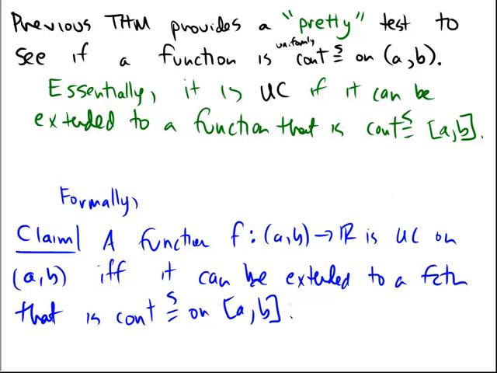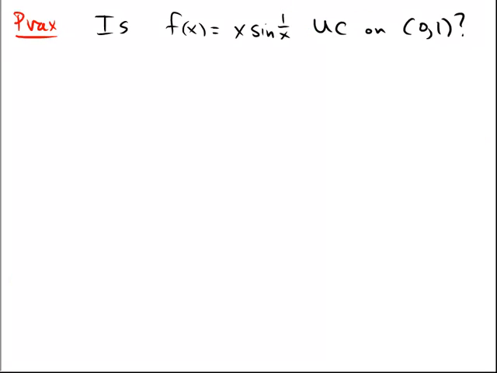The proof of this is in the book. It's not terrible. You just take the limiting values on the outside of the set from the Cauchiness, but we will just look at this more as an application. How can we use this to apply it to problems? So think about it, practice.